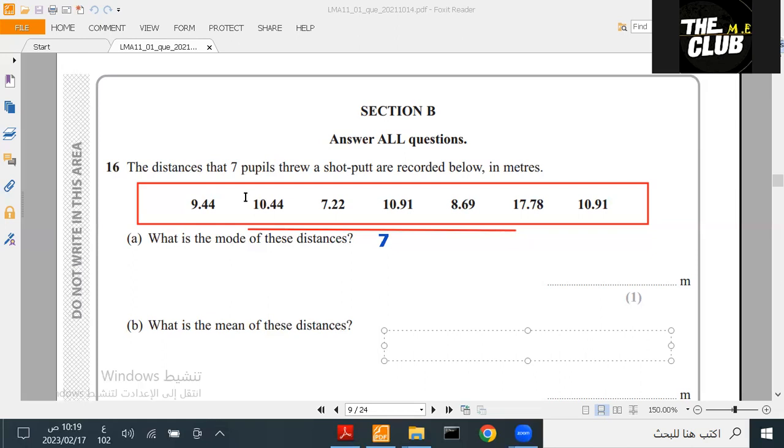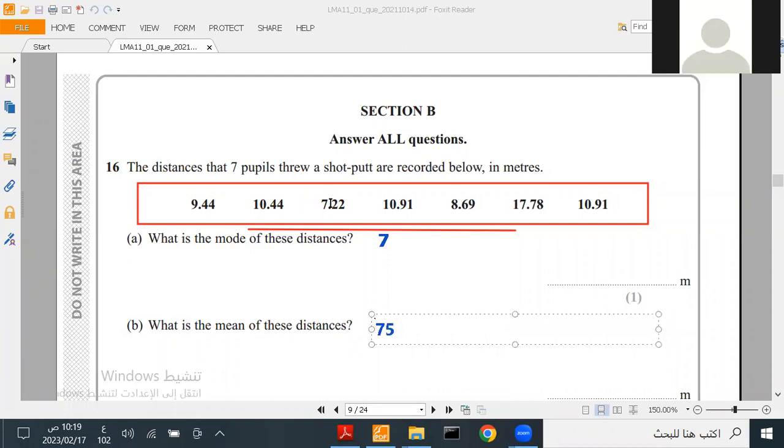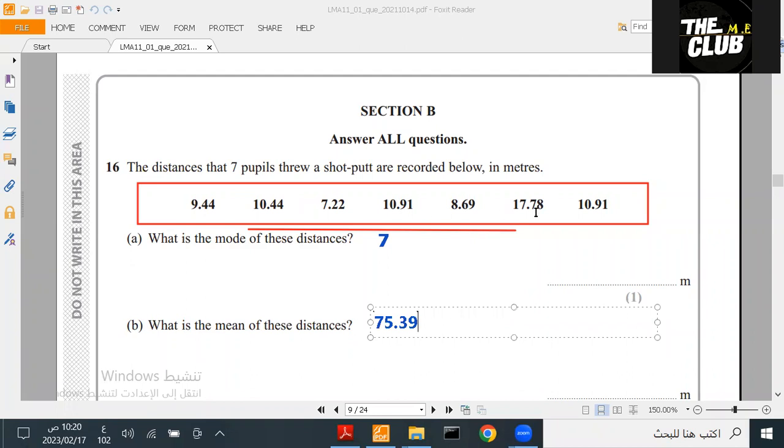I will get 75.93. I'm going to write it here, 75.39. So we add all of them together.